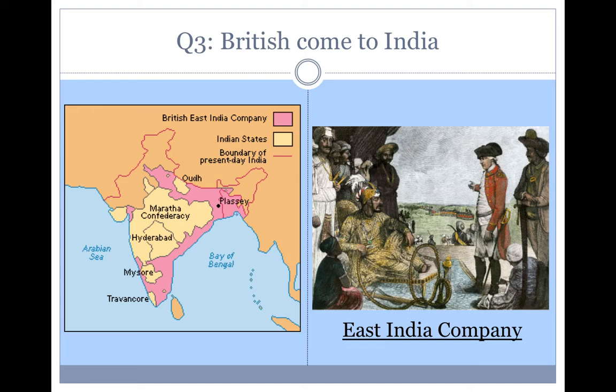And so that's going to be important because the East India Company, which is a British company, gaining more power in India, is going to lay the groundwork for them to come in and take control of India. And so we'll be talking about that more in section 4, some of the things that they were doing in India to establish and maintain control and the eventual rebellion of the people for their independence.